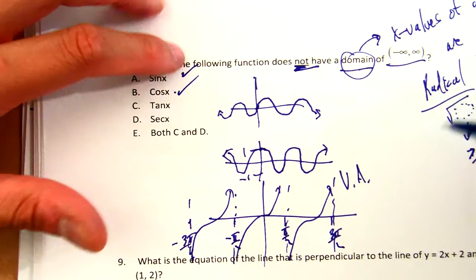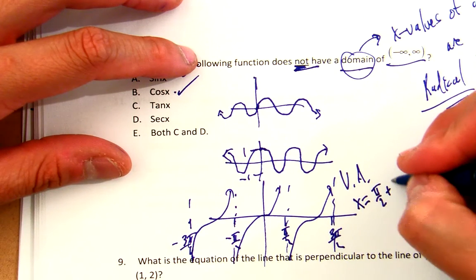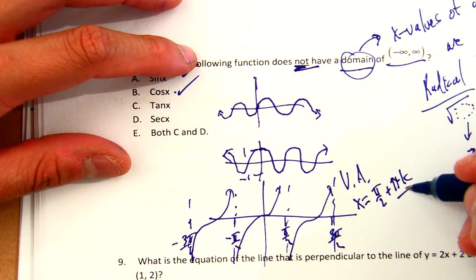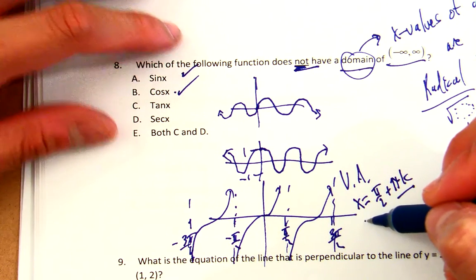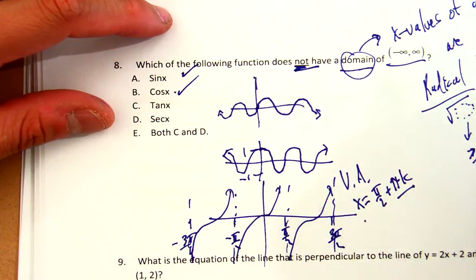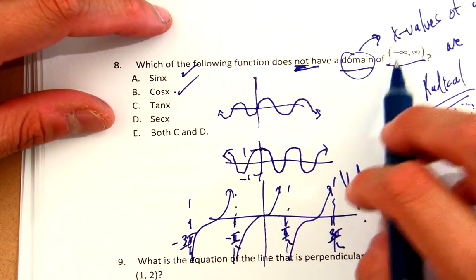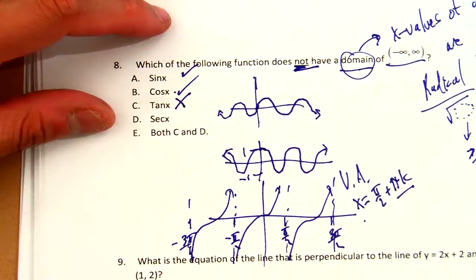It has an infinite number of vertical asymptotes at x equals pi over 2 plus pi k, where k is an integer. Basically, if you add another pi, you get another vertical asymptote. There's an infinite number, so that means there's an infinite number of unions, because the domain would be from here to here, union here to here, union here to here, etc. So tangent definitely does not have one.